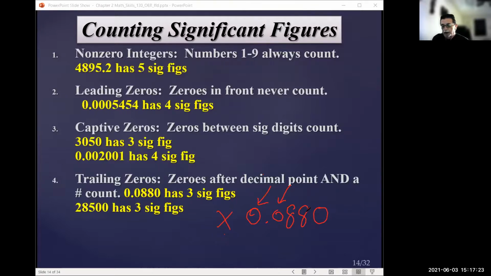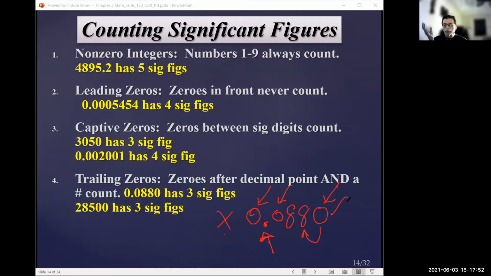Now, if we look at the 0 over here, and you ask the first question, is there an integer in front of it? Sure enough, there's an 8 in front of it, so that's a yes. Then the second question, is there a decimal point anywhere in that number? If you answer yes the second time, it counts. That zero counts. So that number has 3 sig figs.